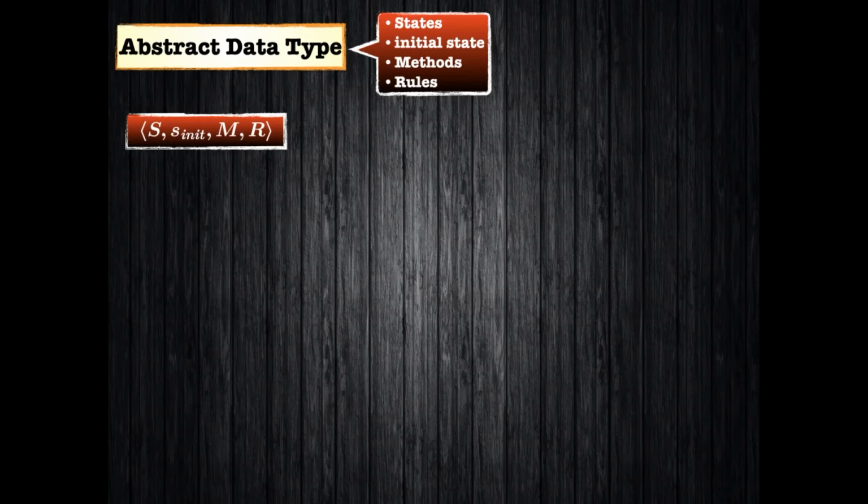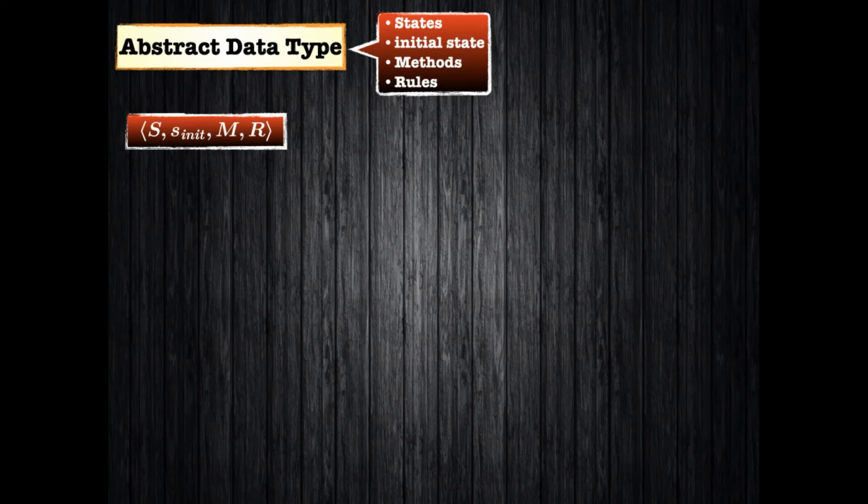If you are used to formal methods, or to math or logic, then usually you write such a definition as a tuple. If you are not used to this notation, it's fine. Just know that you have 4 components in the definition of an abstract data type: the set of states, the initial state, the set of method names, and the set of rules.